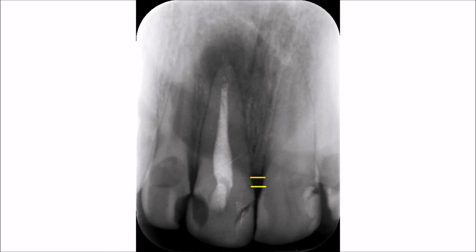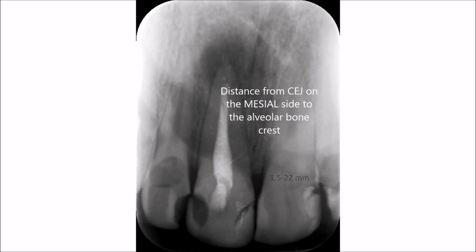The distance between the cemento-enamel junction on the distal side of the tooth, I'll just show you here, should be measured separately from the distance on the mesial side of the tooth, from CEJ to the alveolar bone crest. These areas are separate. Each is measured separately to decide the distance between the CEJ and the alveolar bone crest.